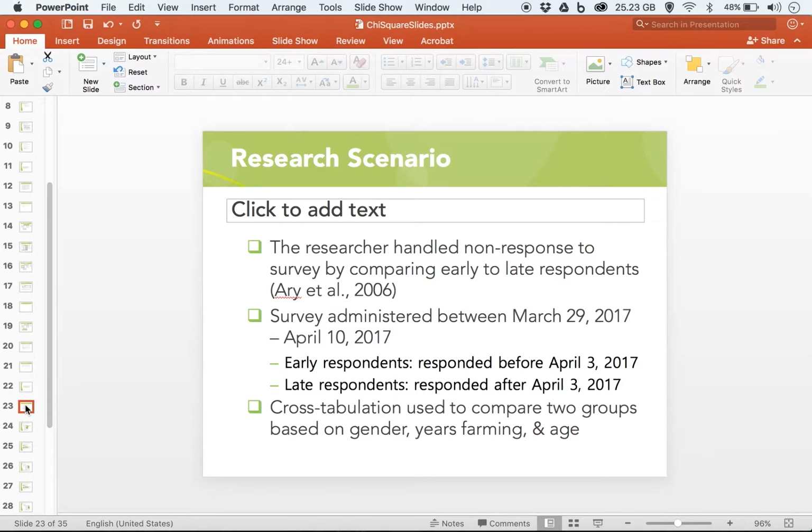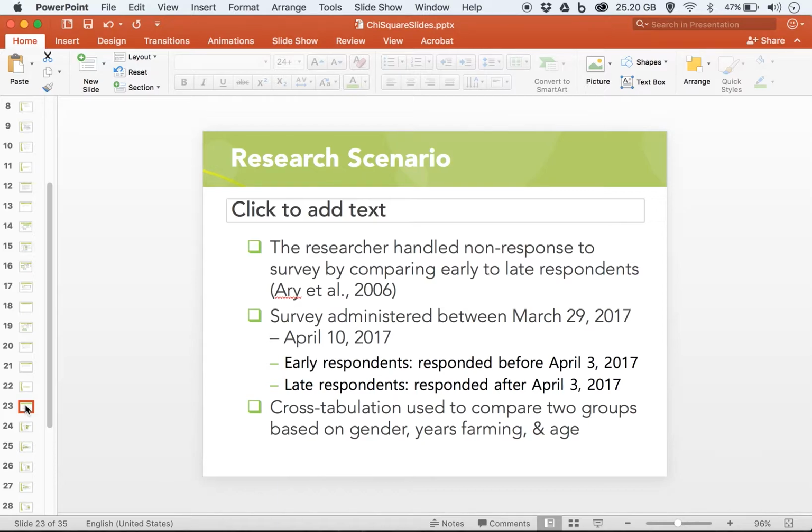And then all the late respondents were after April 3rd to April 10th. And we actually do a cross tabulation to compare the early respondents to the late respondents. And we picked just a few variables that we knew would be differences for the type of farmer that would participate in farm-to-school programming to see if our respondents are different. And we looked at gender, we looked at the years of farming, and we looked at their age.